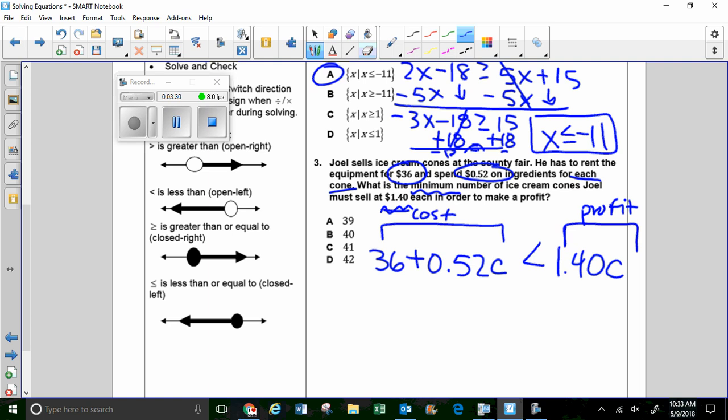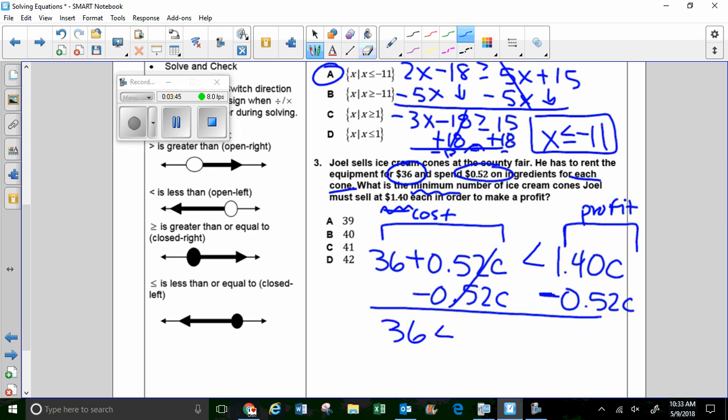Okay? And now if I solve this, you'll see when I go to subtract and move my variables to one side, I end up subtracting off the cost. So it does end up becoming a negative here. So 36 is less than, oh gosh, I might need a calculator for that one.